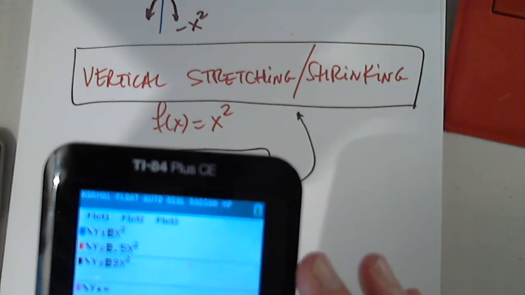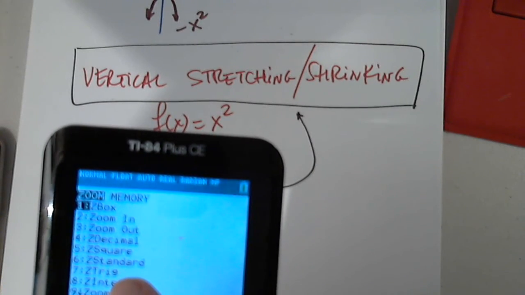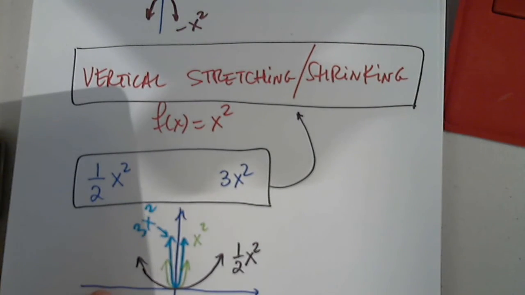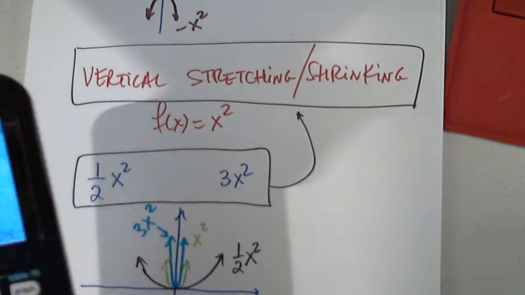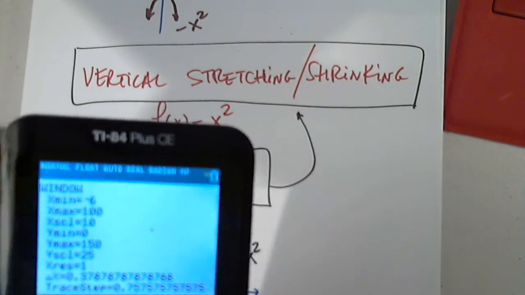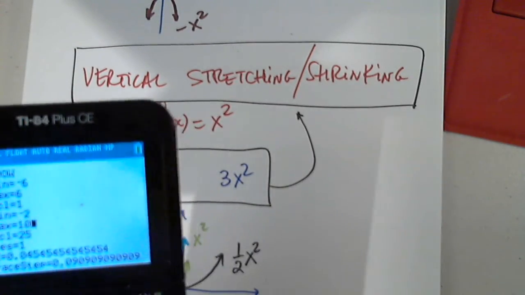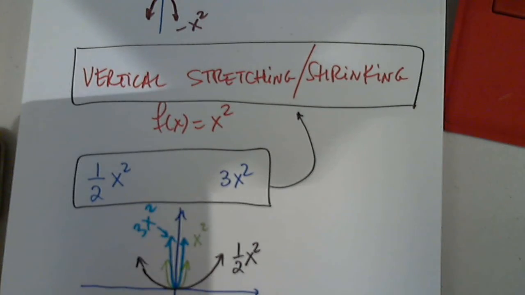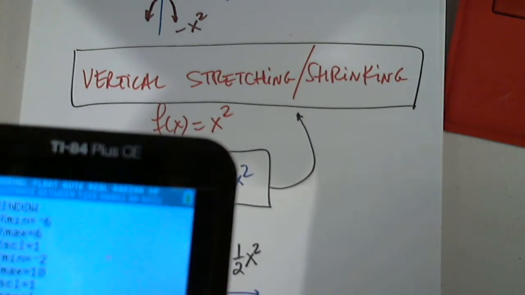However, I will change the viewing window to a nicer window, between -6 to +6 with a scale of 1, and -2 to +10 with a scale of 1. Now watch, they will be in this order: x squared first, 1/2 x squared, and then 3x squared. Ready?